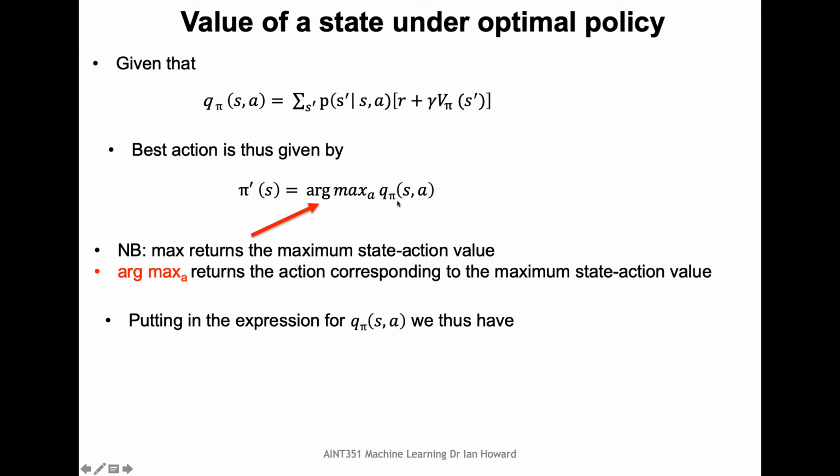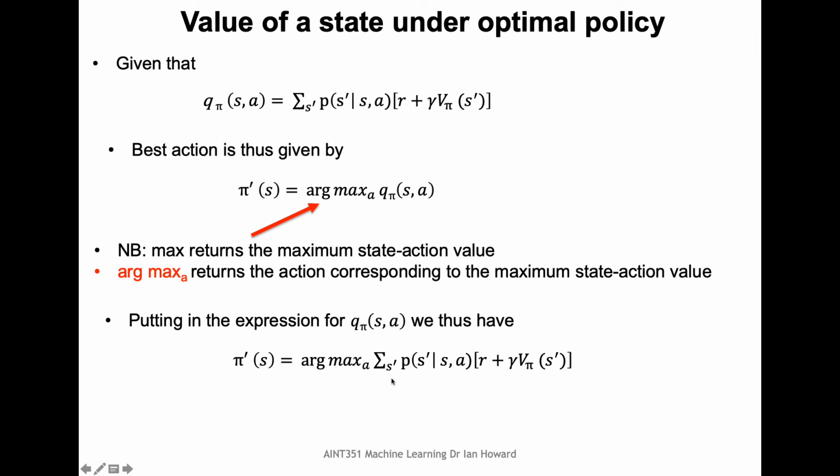So putting this expression into our equation, we can write an expression now for the optimal policy, which we're going to call pi prime of S. It's the Q expression which gives us the best possible value, but we want the action.